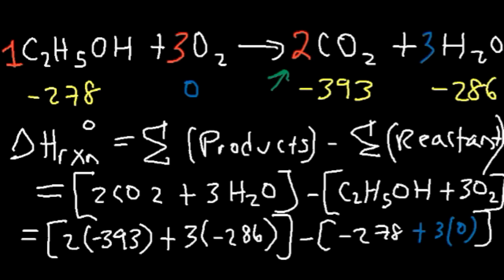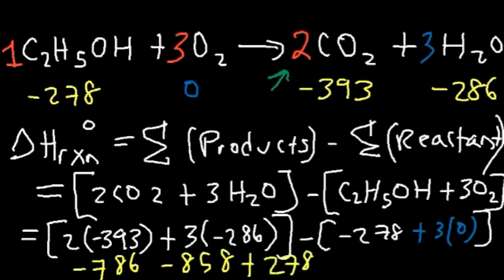That's right, so it's going to be 3 times 0. Okay, and then we calculate by taking the difference between the sum of the enthalpy of formation of the products minus the reactants.